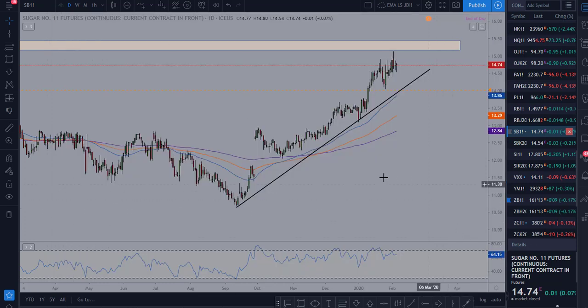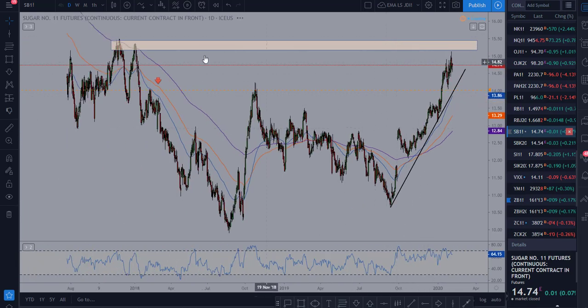We go over to the daily chart here. This is a daily chart of the continuous contract of sugar futures, and you can see we are certainly in a long-term uptrend going all the way back to September of 2019. We've been steadily working our way higher, and now we're coming up to a point that I've marked on the chart, which is an area of resistance.